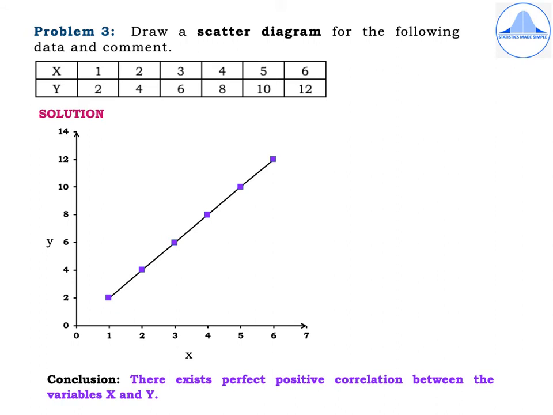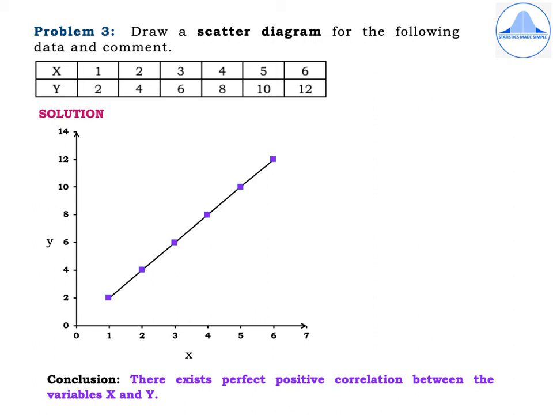Then take the next pair of observations, that is 2 and 4. Then the third pair of observations, that is 3 and 6. Then 4 and 8, 5 and 10. And the last pair of observations, that is 6 and 12. Mark all these pairs of observations on the sheet of paper.